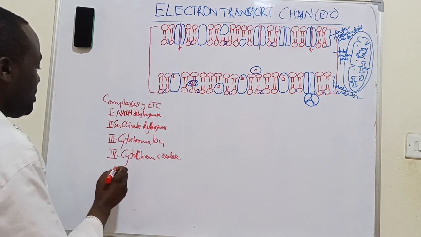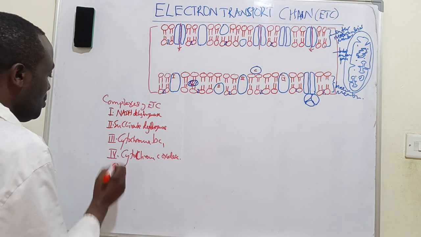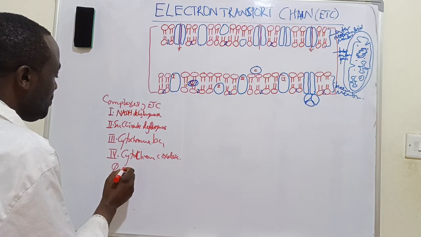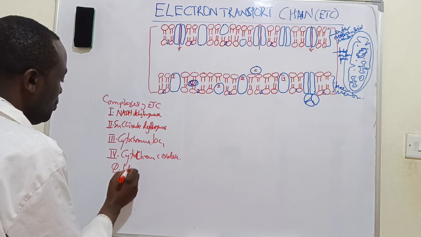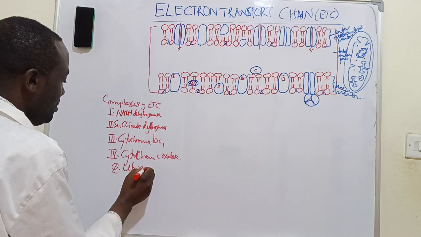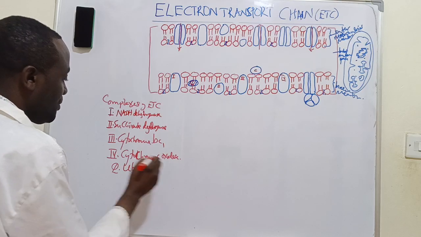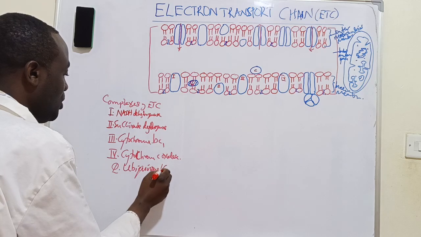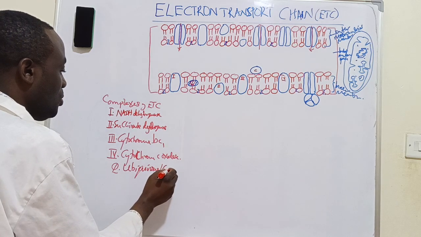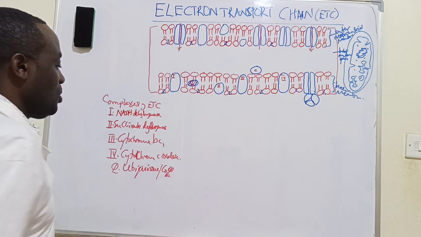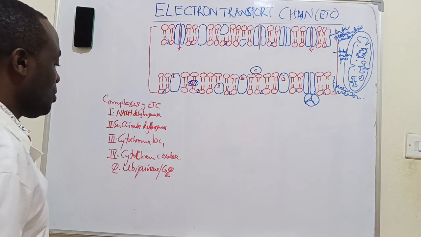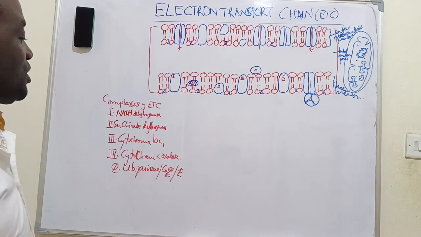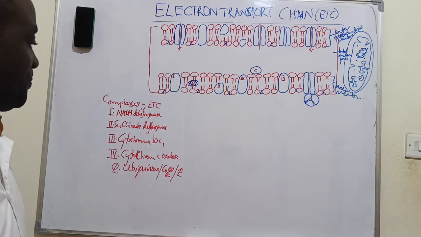Now, substance Q is called ubiquinone. You can even call it CoQ, or coenzyme Q, or simply Q, as an abbreviation, but its full name is ubiquinone.